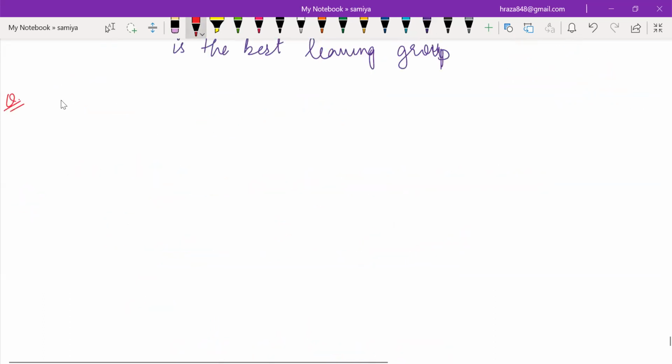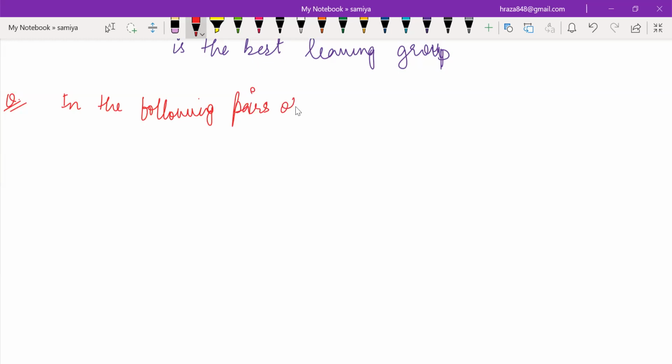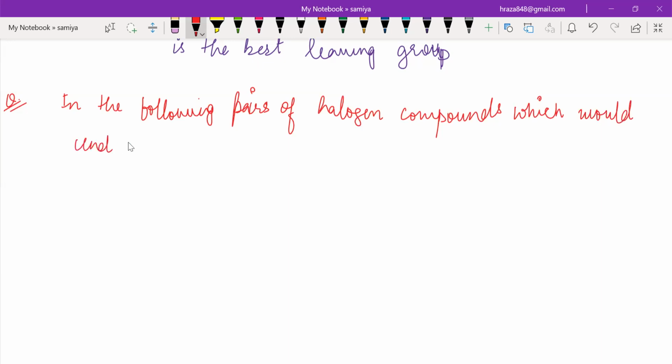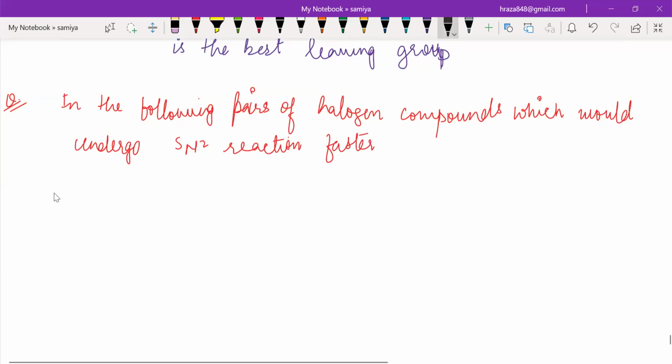So the question is basically, in the following pairs of halogen compounds, which would undergo SN2 reaction fast?